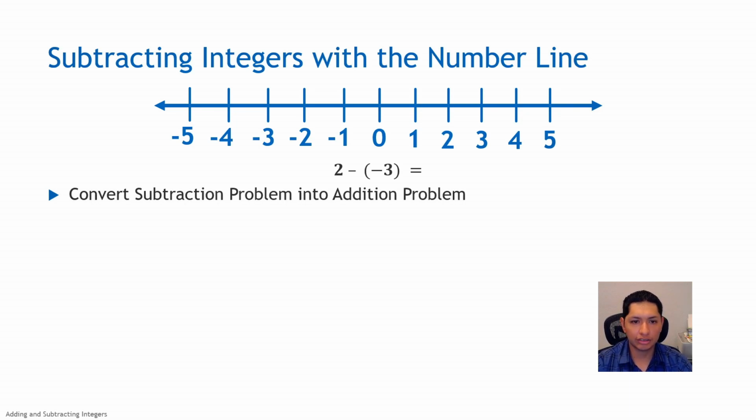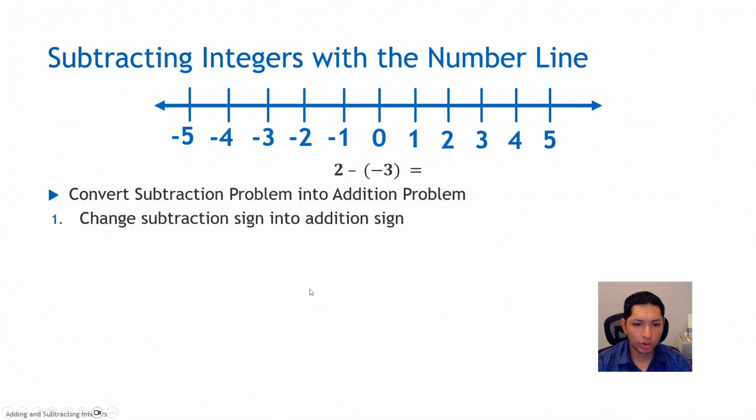So let me show you what that looks like. To convert a subtraction problem into an addition problem, the first thing you're going to do is to change the subtraction sign into an addition sign. And be very careful about this. If you notice here, I see two negative signs or two subtraction signs, those two dashes, right? You should be able to identify that the subtraction sign is the one between the 2 and the left parentheses, and not the one between the left parentheses and the 3, or in other words, the one next to the 3.